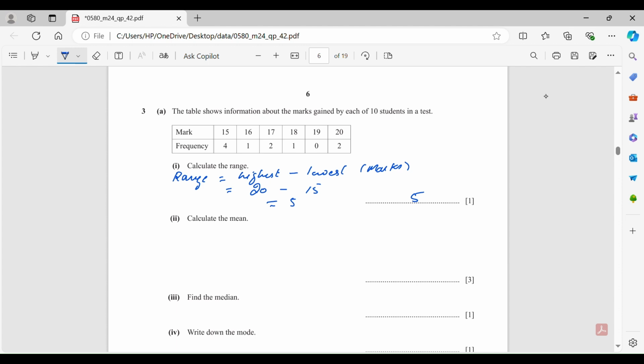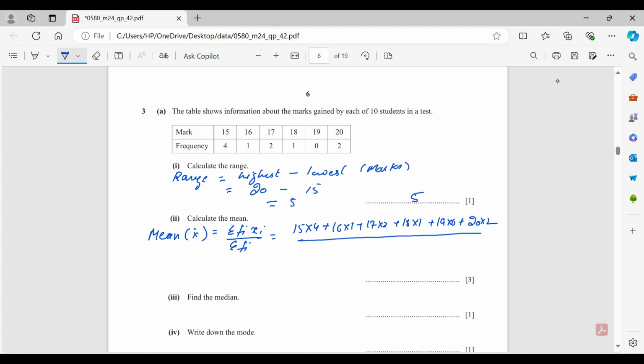Next, calculate the mean. Mean will be equal to summation of frequency into marks over summation of frequency, which will be equal to 15 into 4 plus 16 into 1 plus 17 into 2 plus 18 into 1 plus 19 into 0 plus 20 into 2 over total number of students, which is 10.